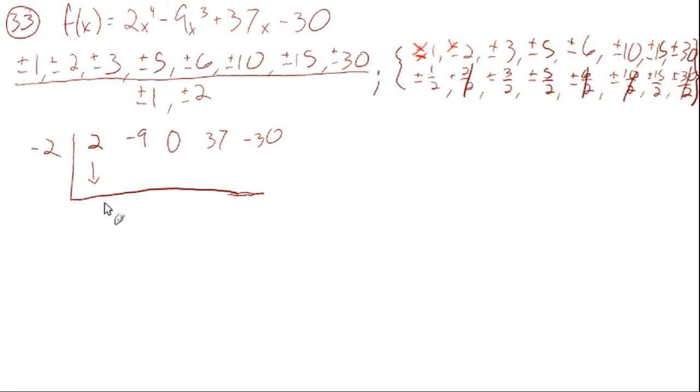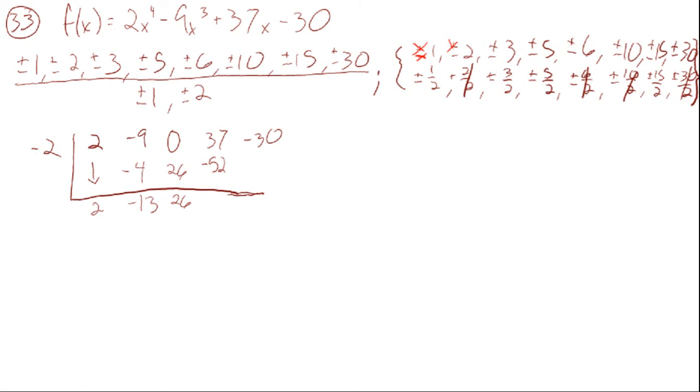Let's try negative 2. So bring down the 2. Negative 2 times 2 is negative 4. Negative 13. Positive 26. Then negative 2 times 26 is negative 52. 37 minus 52.